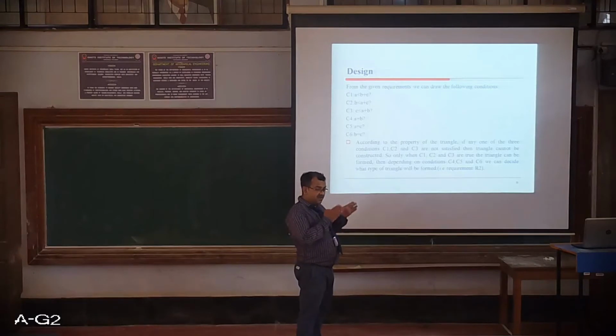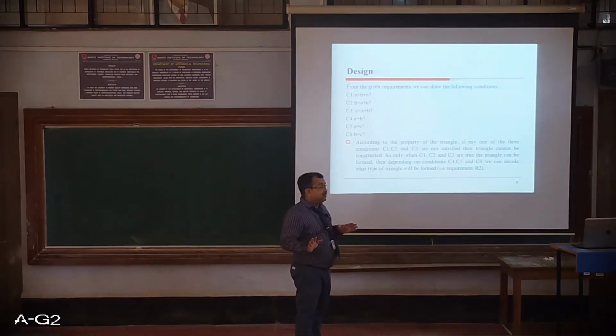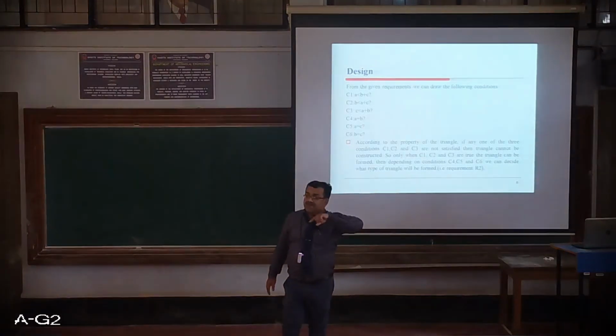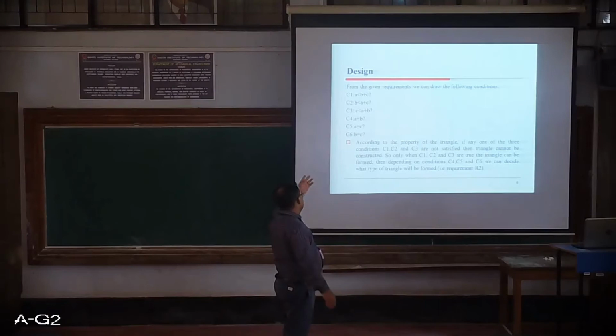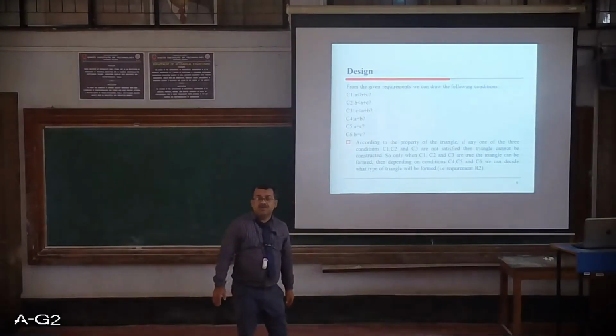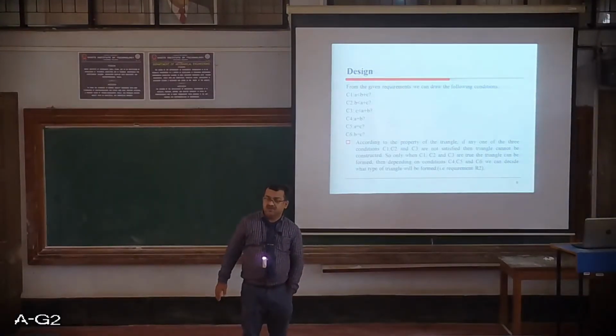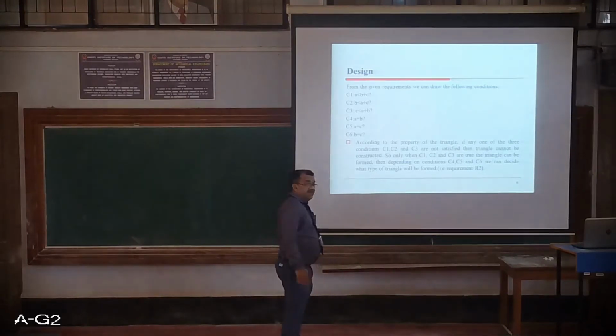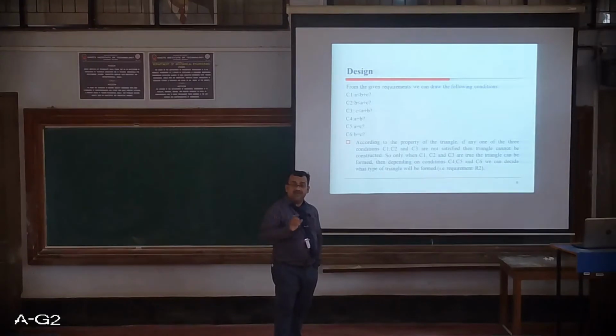If any of the sides is more than or equal to the sum of the other two sides, then the triangle cannot be formed. So if this condition is false, that is A is less than B plus C, then the triangle can be formed. Similarly, if B is less than A plus C, then also the triangle can be formed if this condition is true.